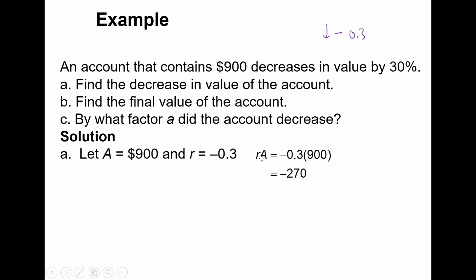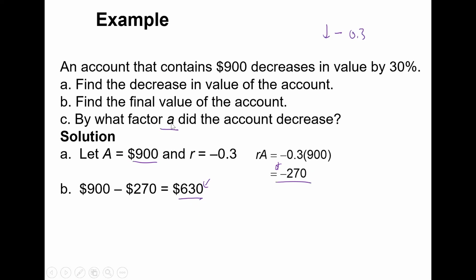So r times the amount is going to give us negative 270. Take 900 minus 270, that's going to be our final value. So the decrease in value is $270, and this is the final value of the account. We started here, decreased that much, and that's the final value.